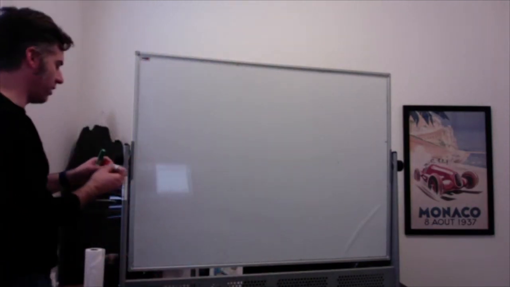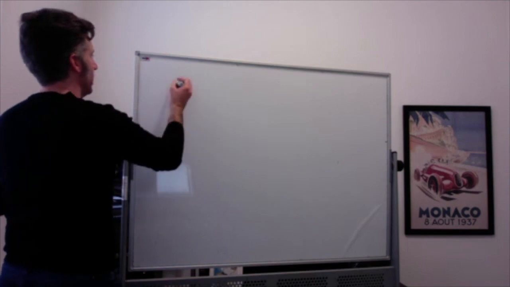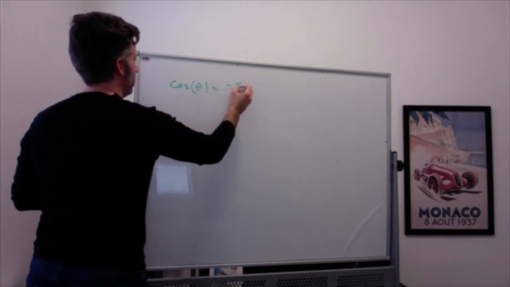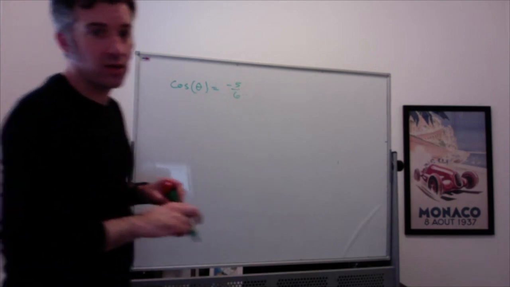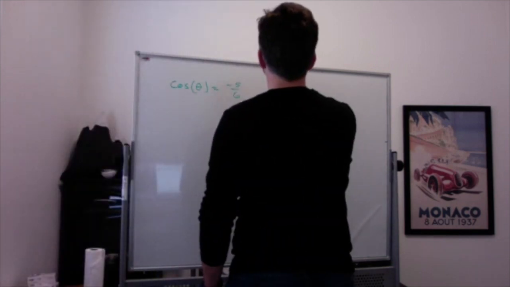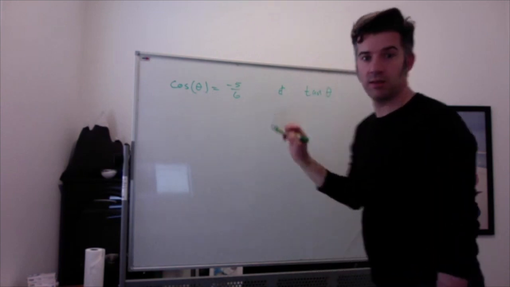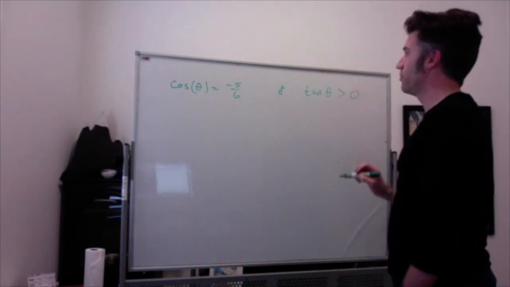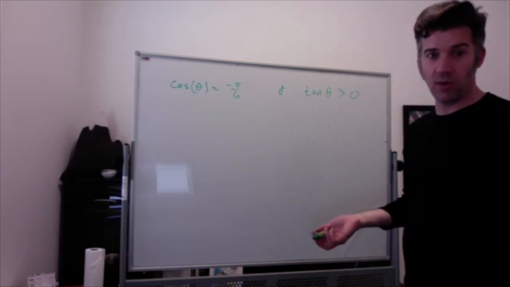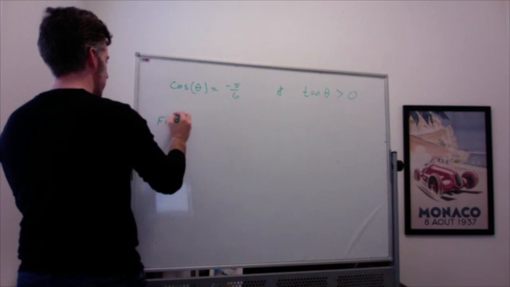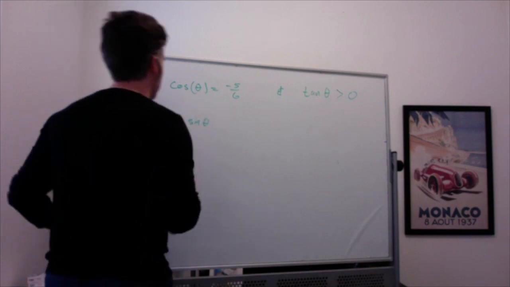So let's say we know that cosine of theta is equal to -5/6. And we're given that tangent of theta is greater than 0. What quadrant do we have? Well, I should say first, we're being asked to find sine of theta.